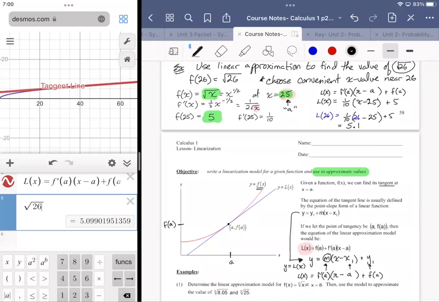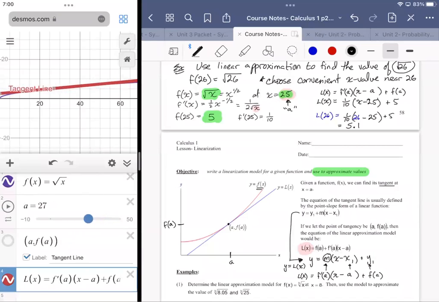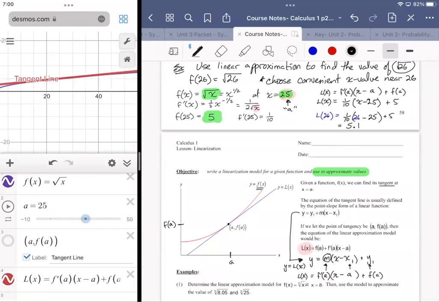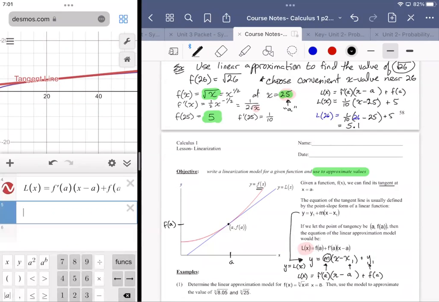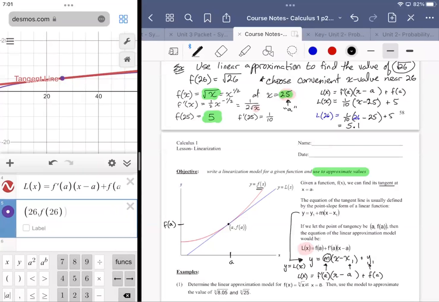And what we did, and I can show you here on Desmos, is we took a nice convenient value, 25, and wrote a tangent line equation. Now, evaluating my original function, f of 26, again, funky decimal, but as a coordinate, it would put it at a point that's pretty close to the tangent.